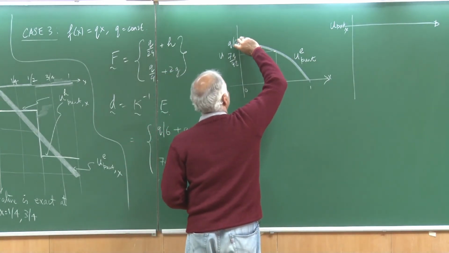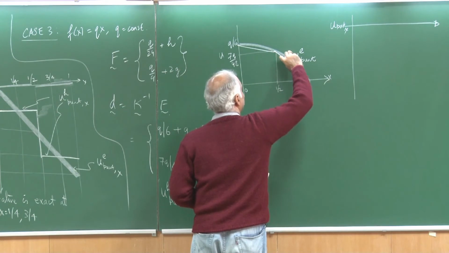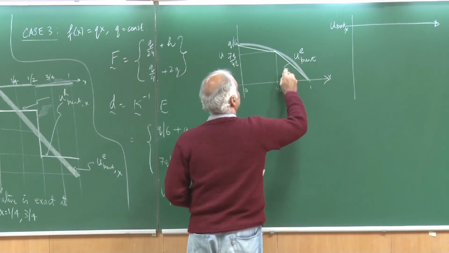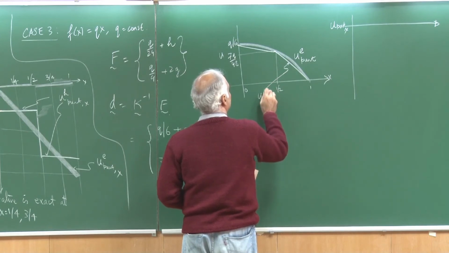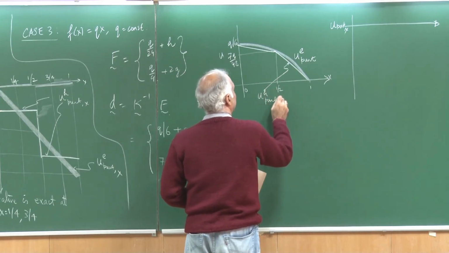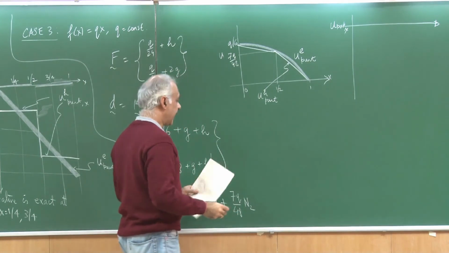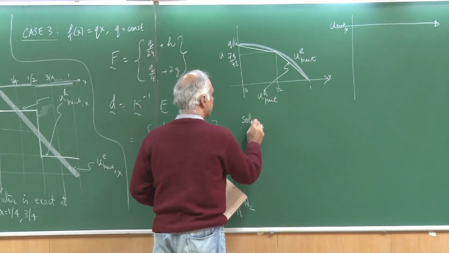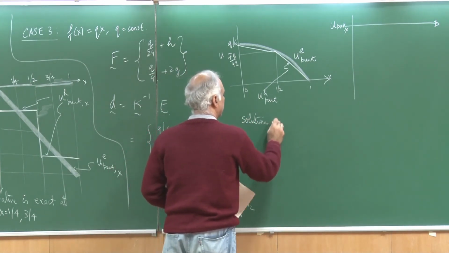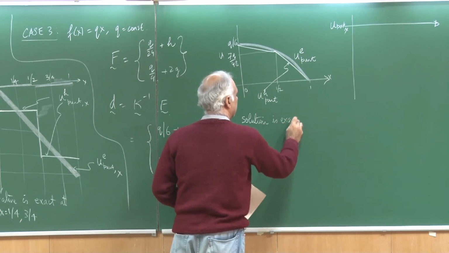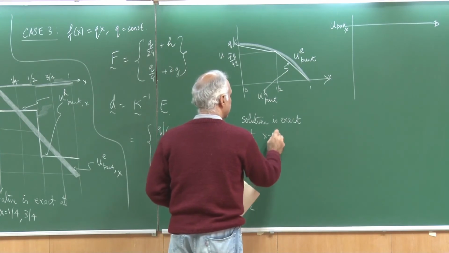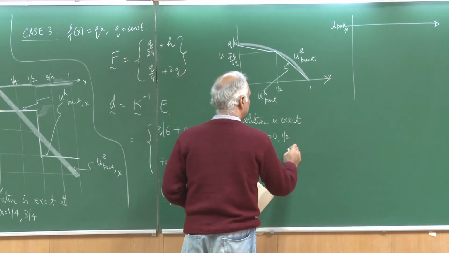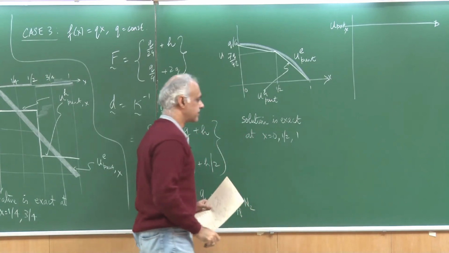So, the numerical solution is piecewise linear. This is u_h particular. Again, I could conclude that the solution is exact at the boundaries and at midpoint, which is also a node.